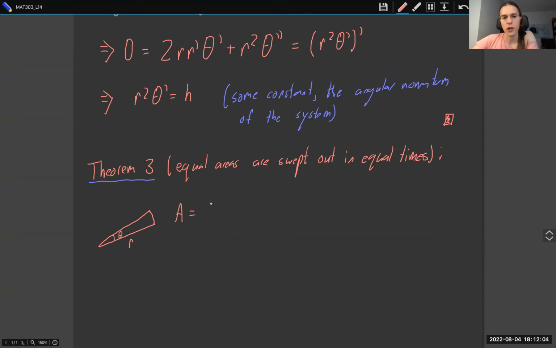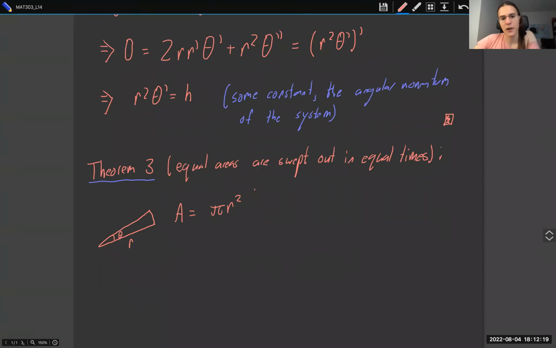What area does the circle have? It has area pi r squared. And what fraction of the circle is relevant? The relevant fraction is theta over 2 pi. So the area is 1/2 pi r squared theta. Sorry, no pi: half r squared theta.